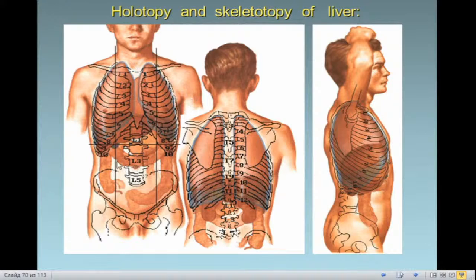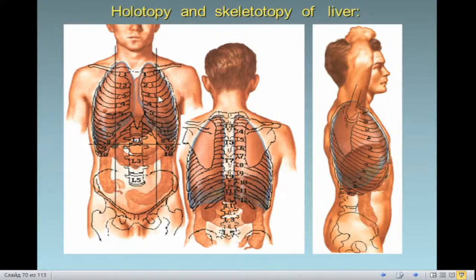In kids, the liver can be even below the 10th rib, and you can write in the case history +4 centimeters below the 10th rib along the right mid-clavicular line. It's okay for kids. After 5, that is considered a pathology.